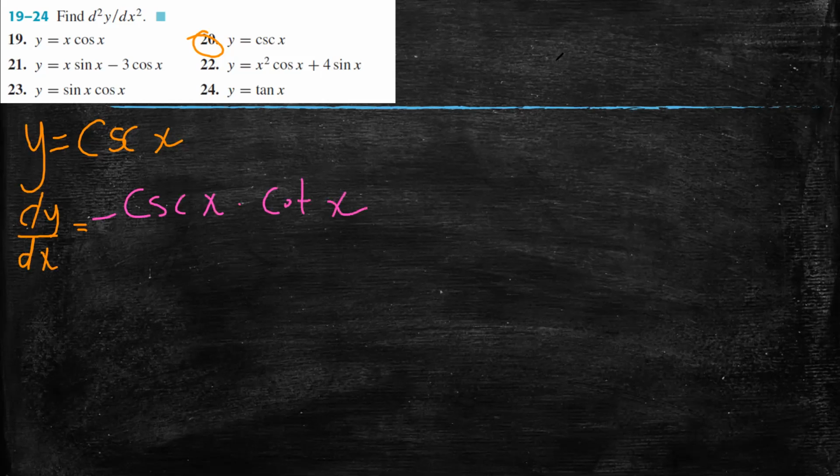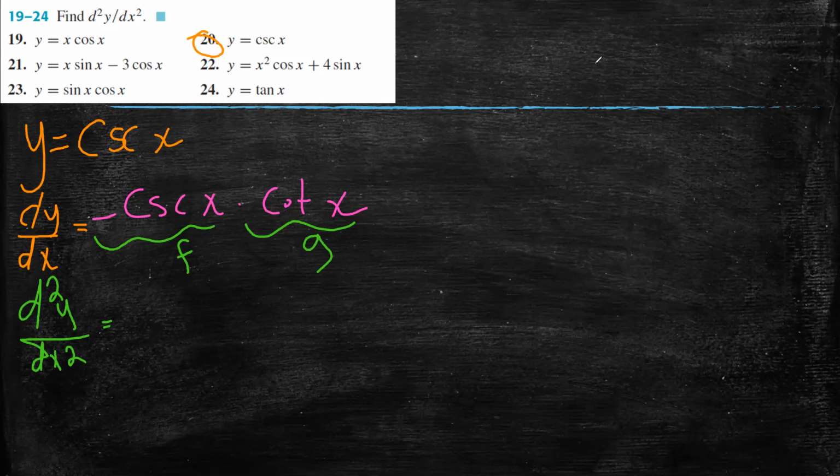This will be dy over dx. And the second one is the second derivative here now. As you see, they are multiplied. So I have to say that this is f and this is g. I want now to find the second derivative. The first derivative here is a product, so I need to find its derivative.